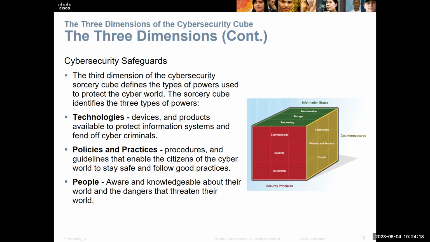So this cube that we're looking at has the security principles themselves, the countermeasures, and the information states. So this summarizes the CIA triad and the cube principles, as well as the different data states. I hope it is very, very clear. Are we together?